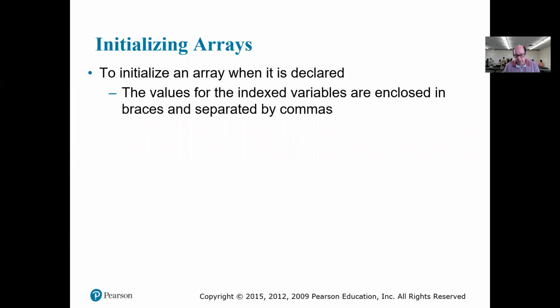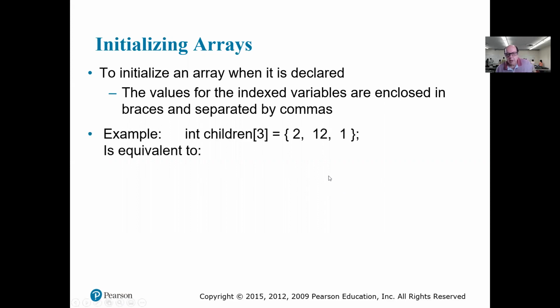So one way of putting values in an array is to manually go through it and put them in there. I can use a for loop and do that. But the most common way is, I'm going to show you 3 ways of doing this. One is using braces.